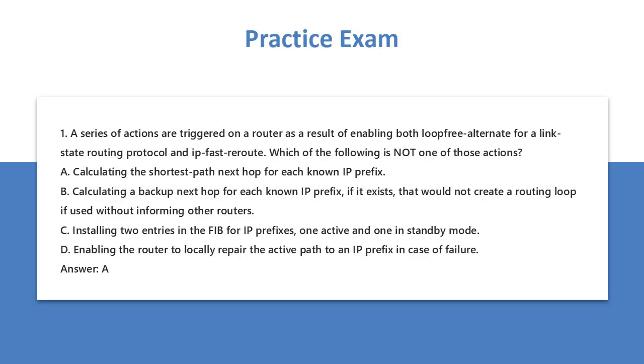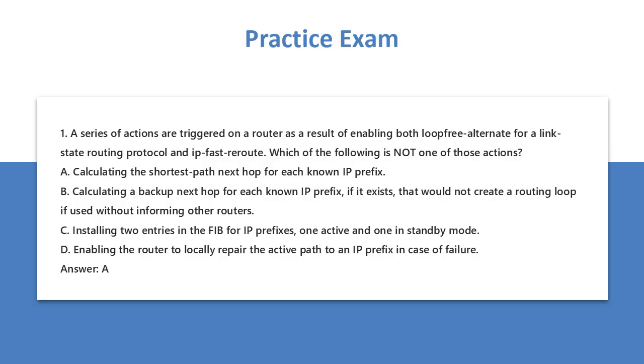1. A series of actions are triggered on a router as a result of enabling both loop-free alternate for a link state routing protocol and IP fast reroute. Which of the following is not one of those actions? A. Calculating the shortest path next hop for each known IP prefix.